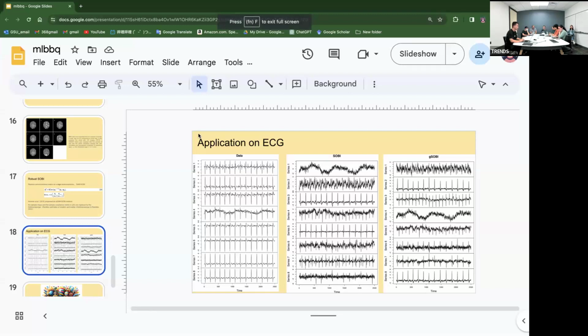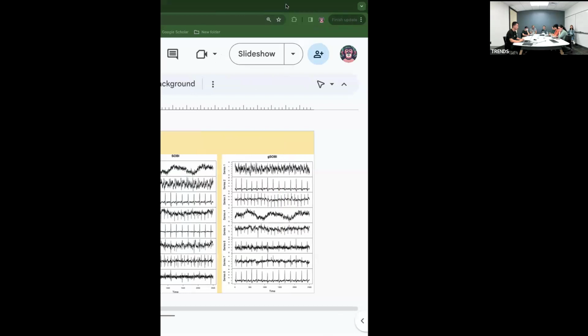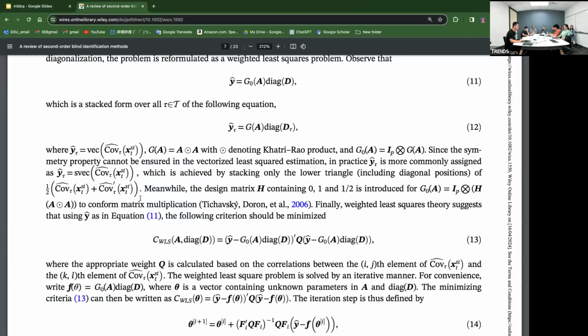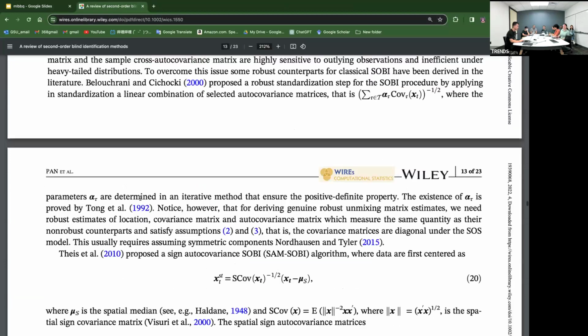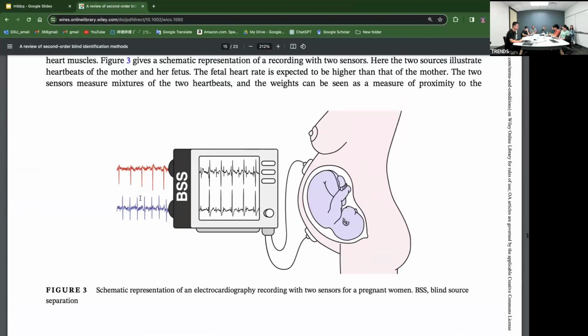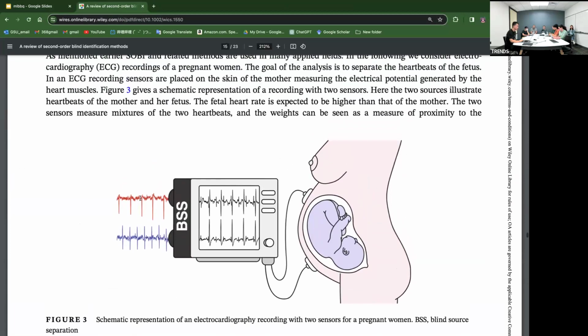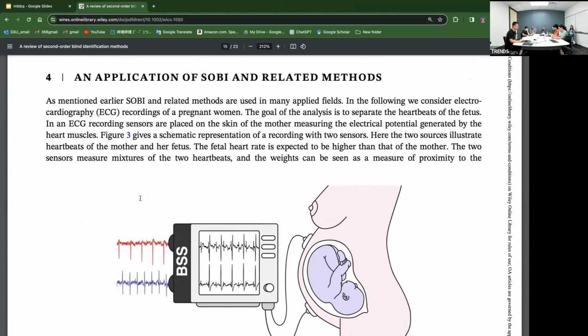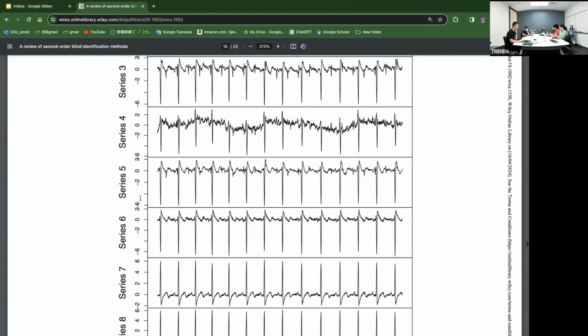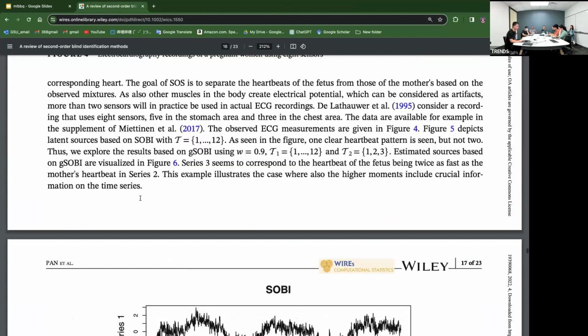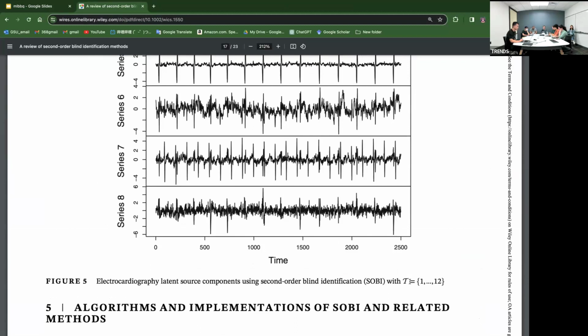If you include a high time lag, you just repeat the information, because ECG is quite periodic. It's just using 12 time lags and the total length is 1200 to 500.